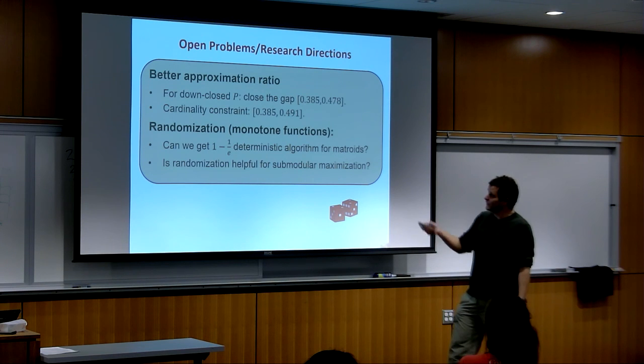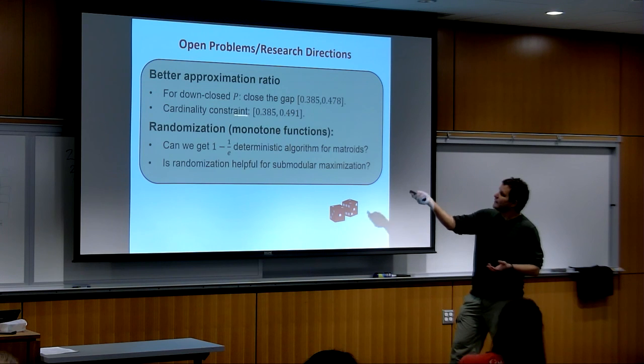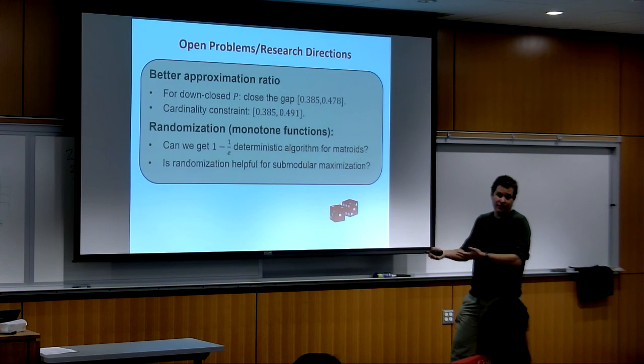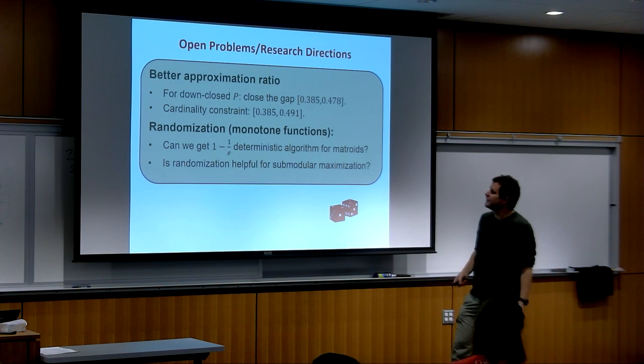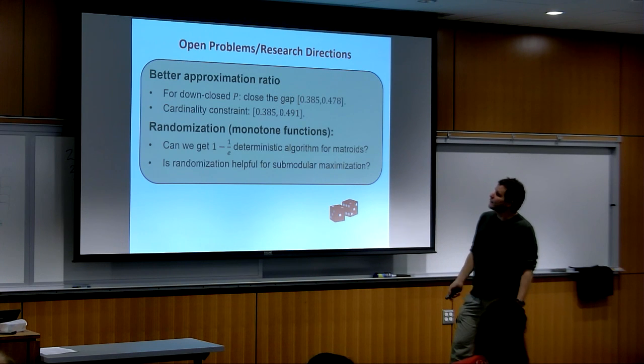So closing the gap. And then I would say randomization is a question, but maybe even the question of whether we can use a combinatorial approach or a simple approach instead of the multilinear extension, or de-randomize the multilinear extension. For monotone submodular functions, we can get 1 minus 1 over e randomized. Can we get it deterministically?